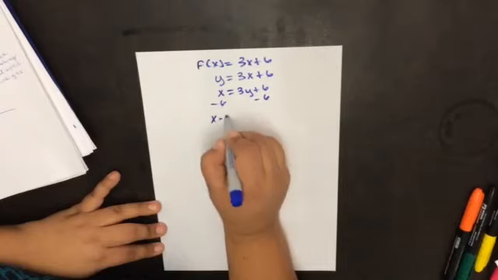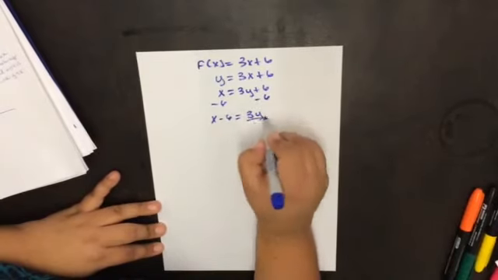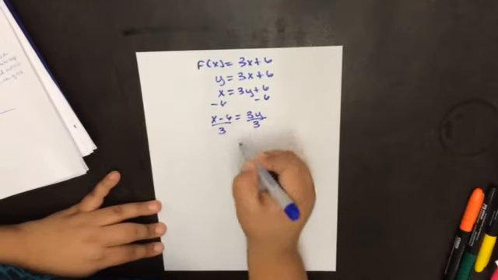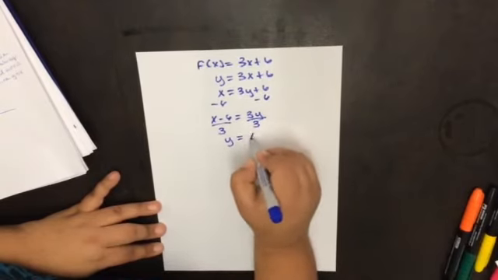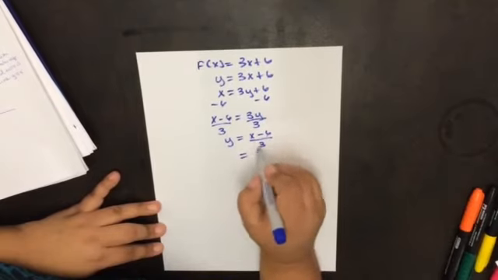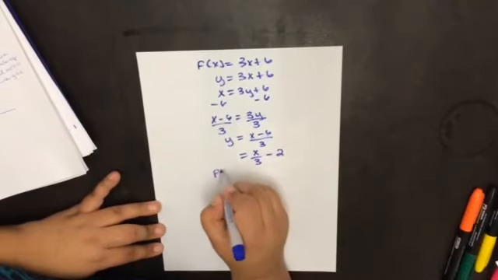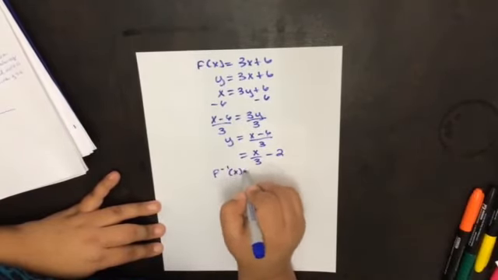So we get x minus 6 equals 3y. Now to solve for y, we want to divide by 3. So we can say that y equals (x minus 6) over 3. If we simplify, we get x over 3 minus 2. And this is our inverse function.